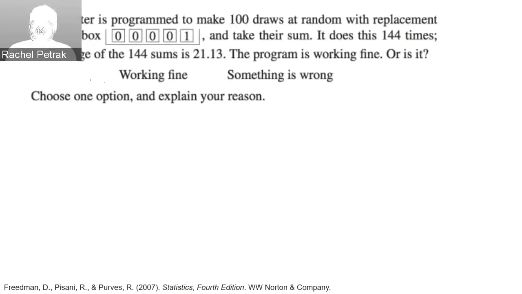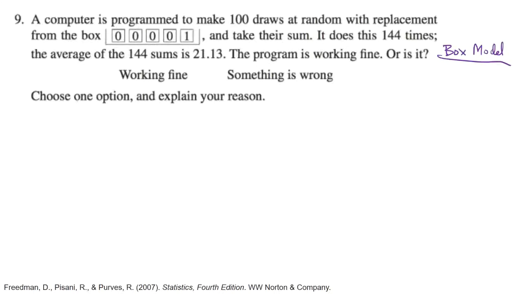Well, how could I start to evaluate whether this program is working fine? I should start where we generally start, with the box model. So we know the composition of the box here, and here's our box. They're doing 100 draws and summing them, which is different from just drawing from the box 144 times.